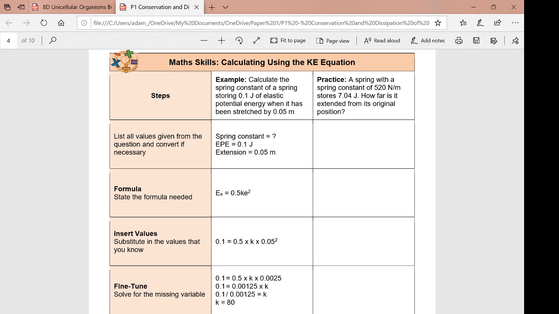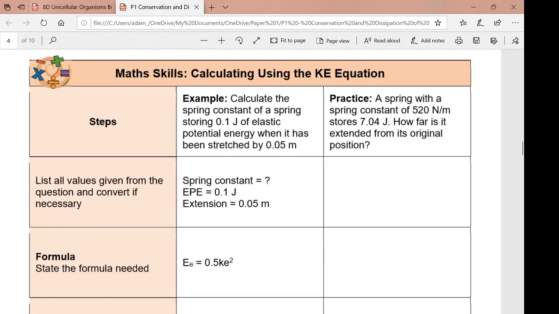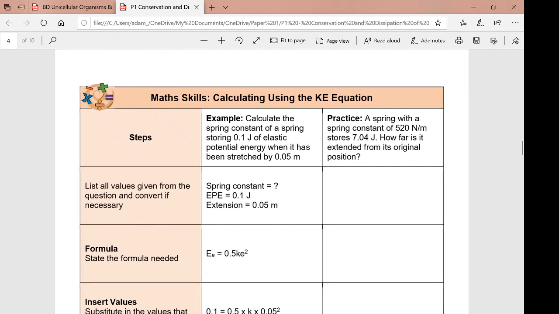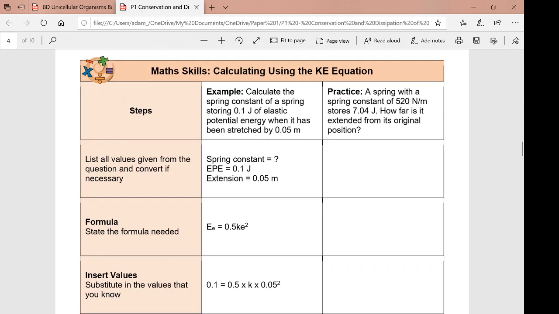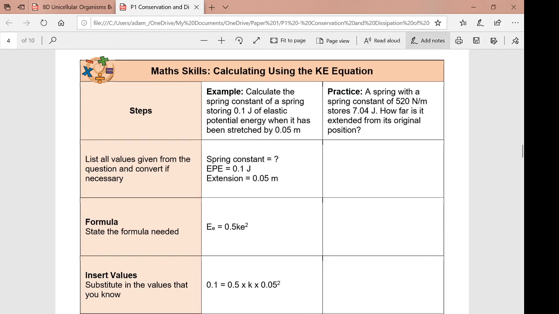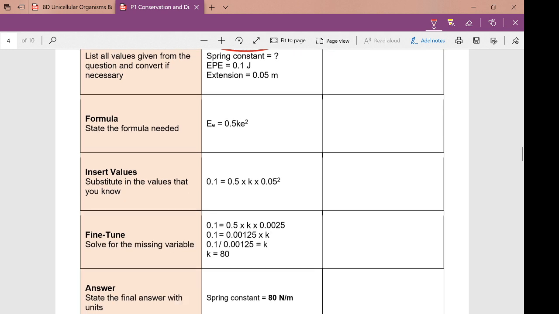So this is on the website in the same conservation and dissipation of energy booklet that we have been using. This is going to be side by side. So I have an example written out for you guys here for you to try to follow, to do each step alongside it to help you structure it a bit.